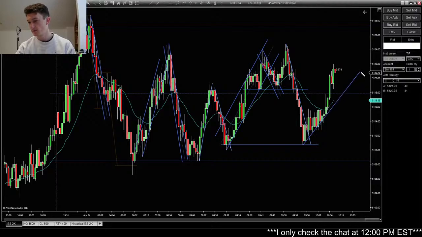Such an odd place. Could be that, or it could just be something steeper.